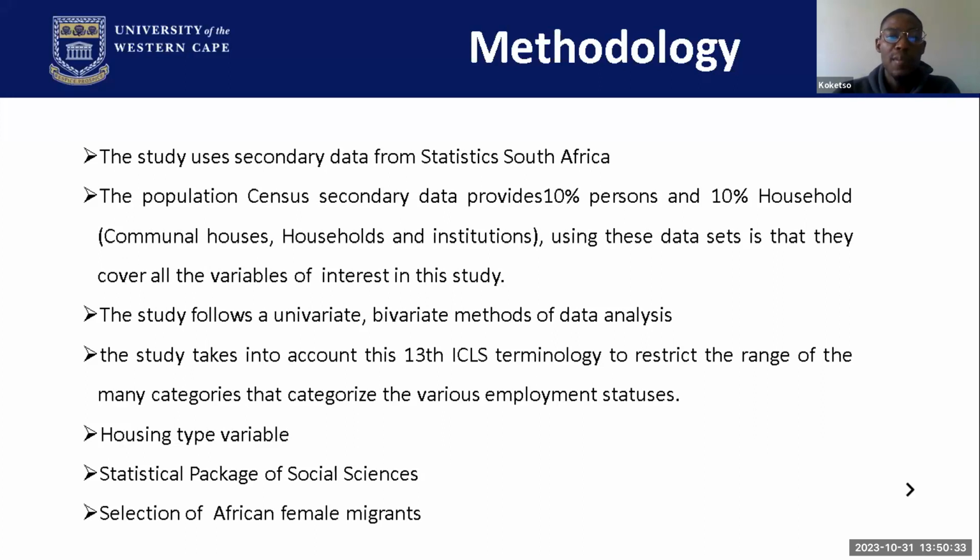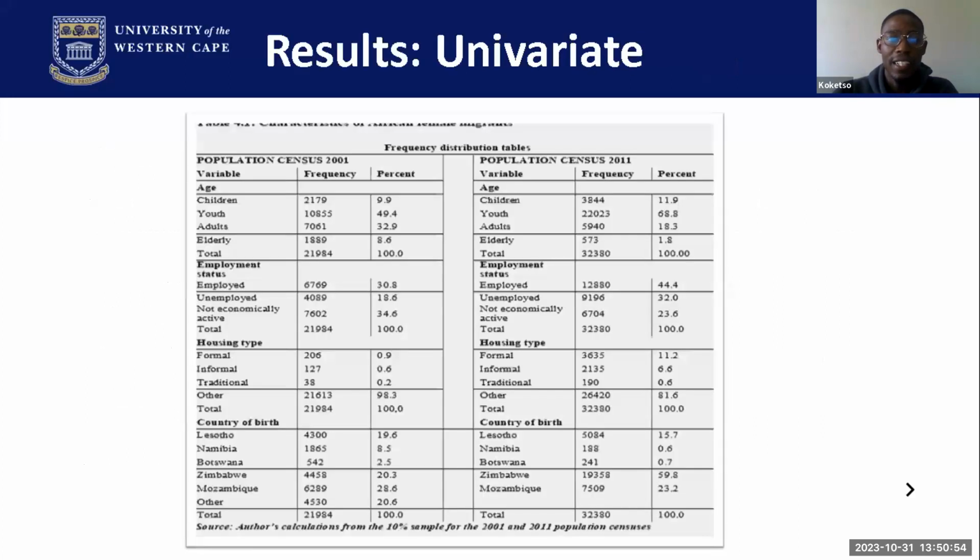The study uses SPSS to analyze, and African female migrants were selected based on the neighboring countries surrounding South Africa, and also on how long they have been in the country.